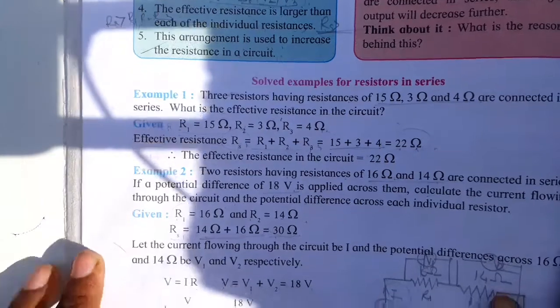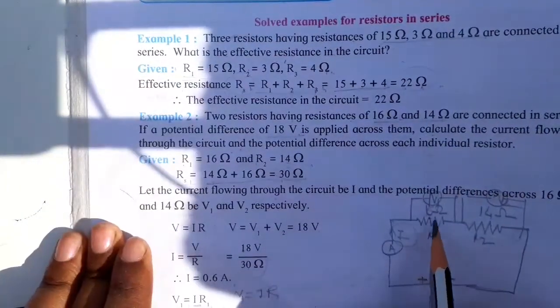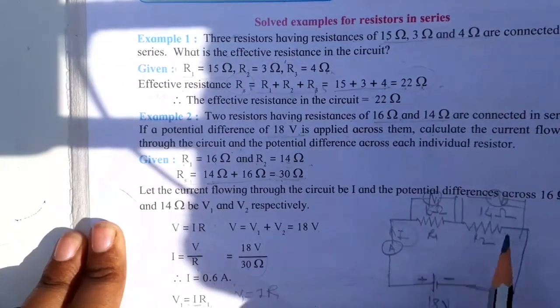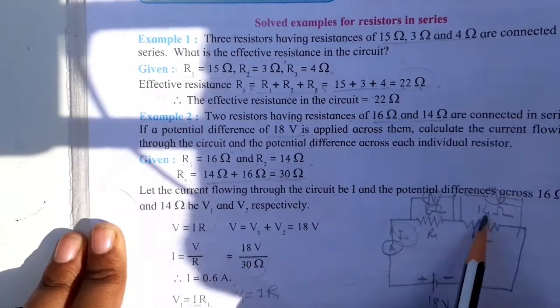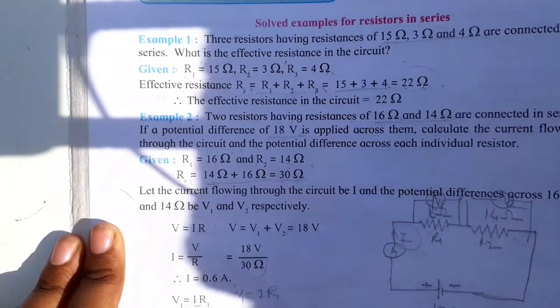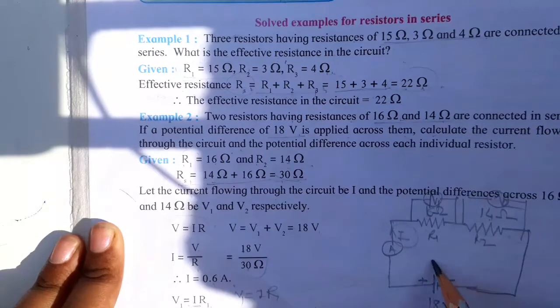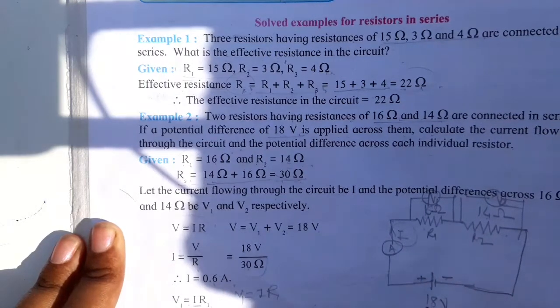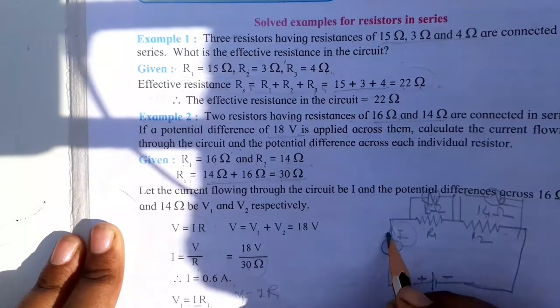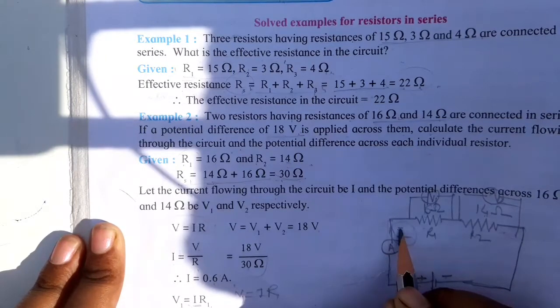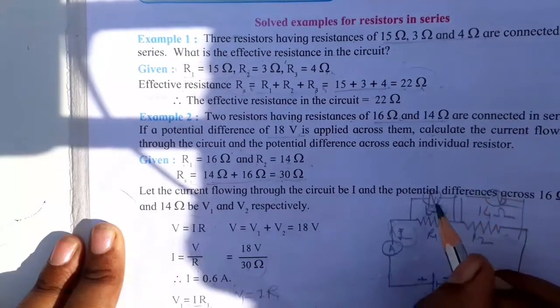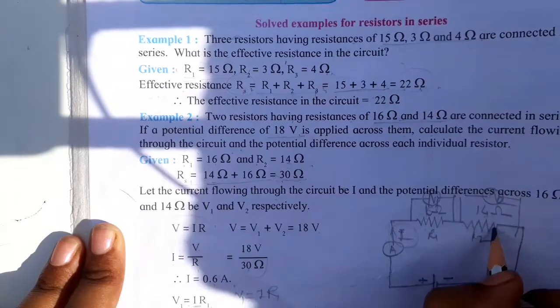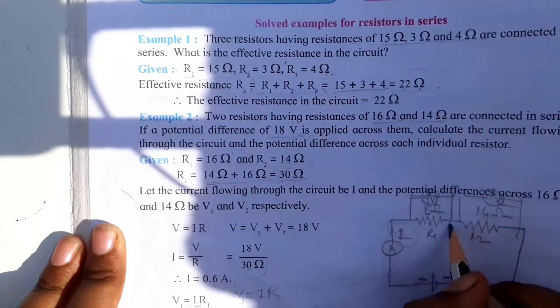What is given in this example? Resistors R1 and R2, which are 16 ohm and 14 ohm, connected in series, and the potential difference applied is 18 volt. We have to calculate the current flowing through the circuit as well as the voltage across R1 and R2. These are the voltage drops.